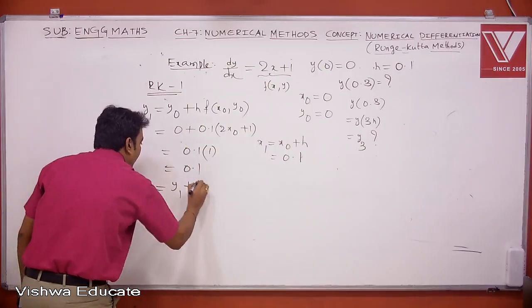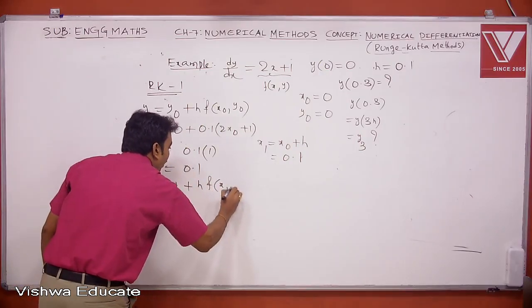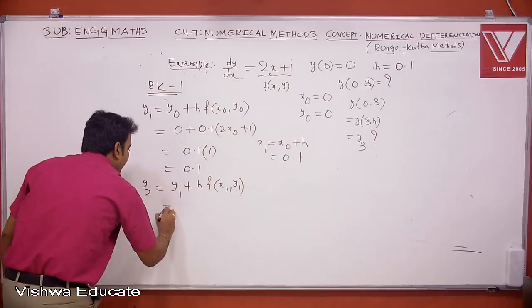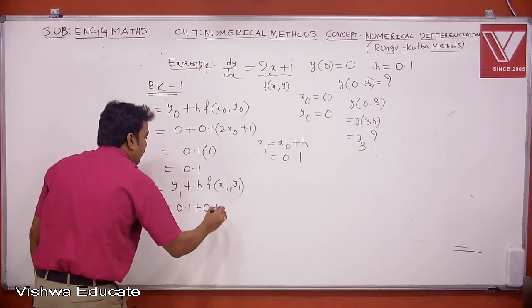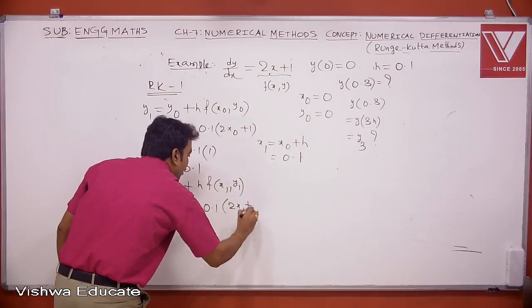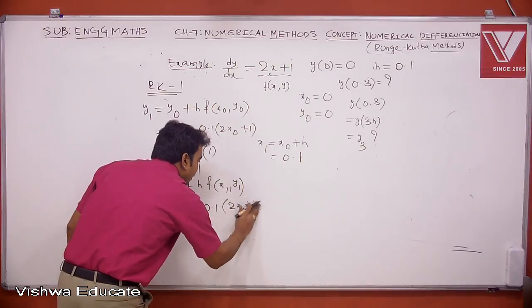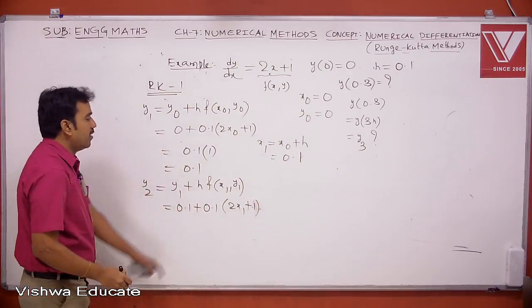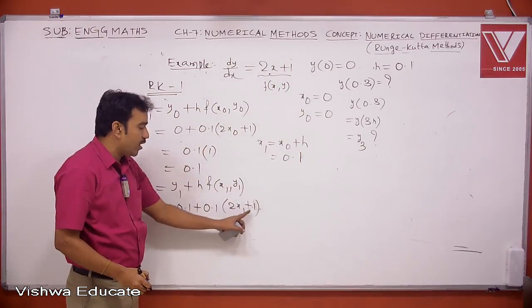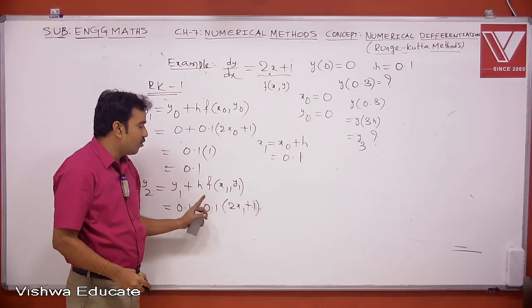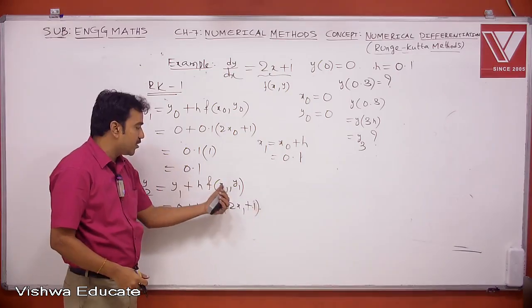This is y1 plus h into f of x1 comma y1. So y1 is 0.1 plus 0.1 into f of x1 y1, which is 2x1 plus 1 because f of x comma y is 2x plus 1. The answer does not depend on y values. It depends on x values only.